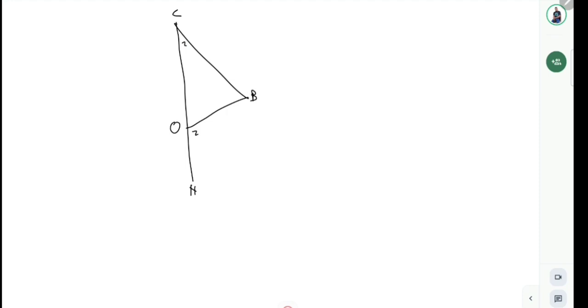So similarly, in this triangle BOC, O2 is equal to C2 plus the angle B. The reason being is our exterior angle of a triangle.